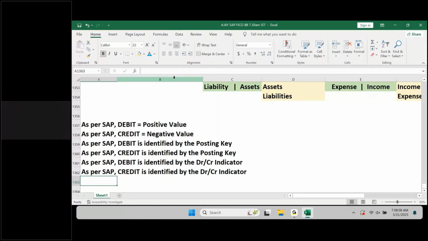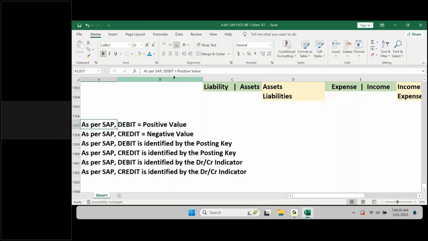We have to look at it from the SAP perspective, in short, from the system's point of view, rather than expecting SAP to look at it from our perspective. The system says debit always means positive, credit always means negative. So when you post any entry, you don't need to tell the system what is positive or negative, because the system knows that based on debit credit, not on your input.